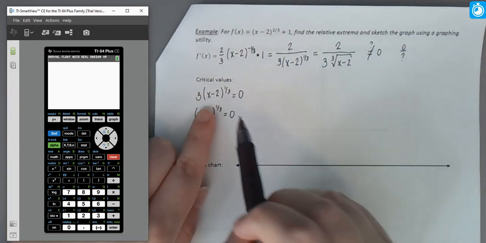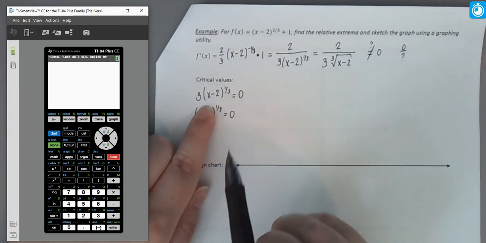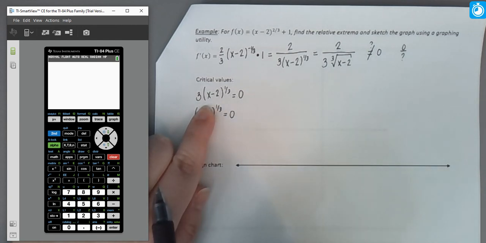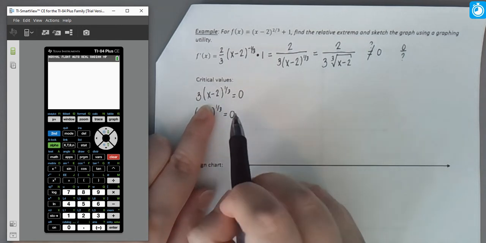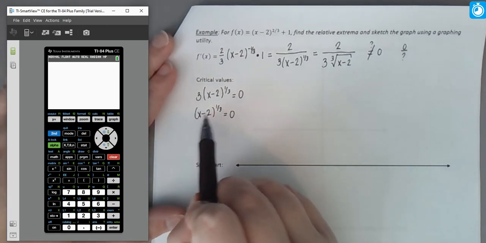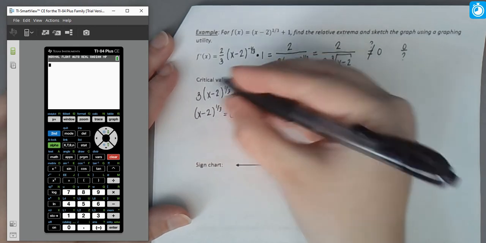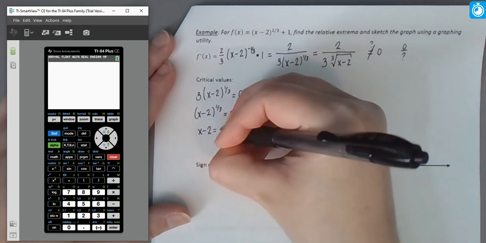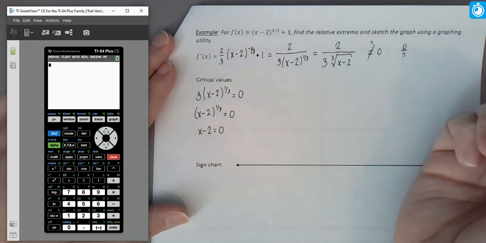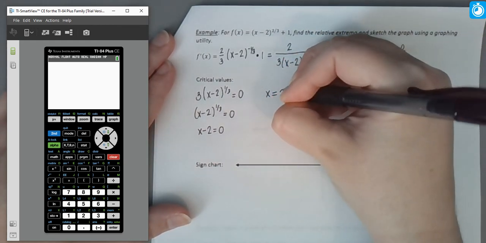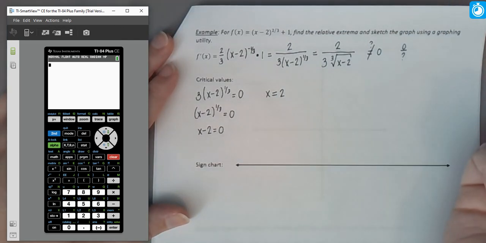Well, if we take a number and raise it to a power and get out 0, that means the number that we raised to the power had to be 0. The only way we can get a 0 as an output from exponentiation is if the number we raised to the power is 0. So that means that x minus 2, the number in parentheses, also has to be 0, which gives us a critical value of x equals 2.